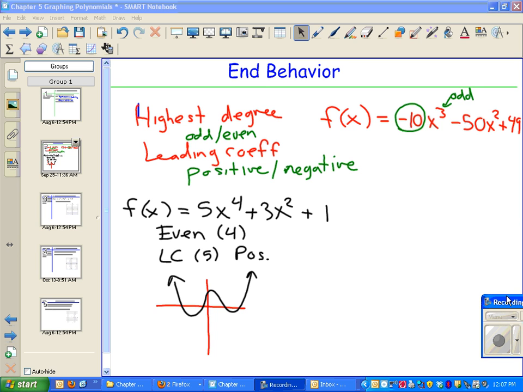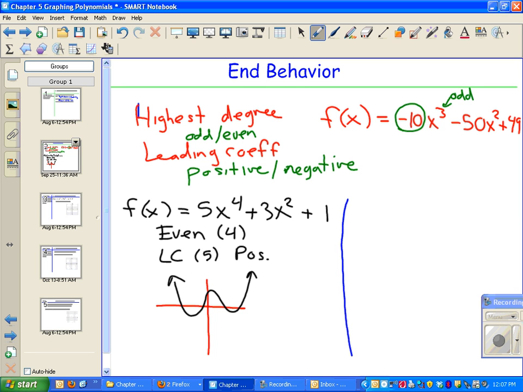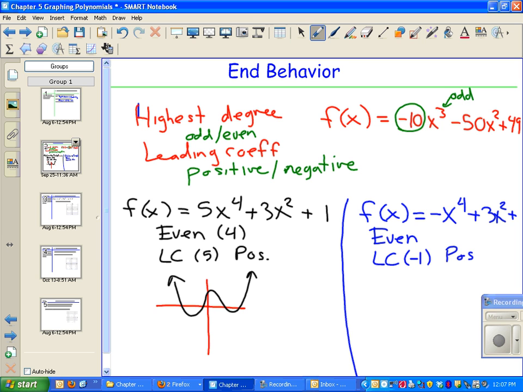Okay, and then the other option for even would be a negative coefficient. So if I had f of x equals negative x to the 4th plus 3x squared plus whatever, our degree would be even, and our leading coefficient is actually negative 1, so that would be negative.